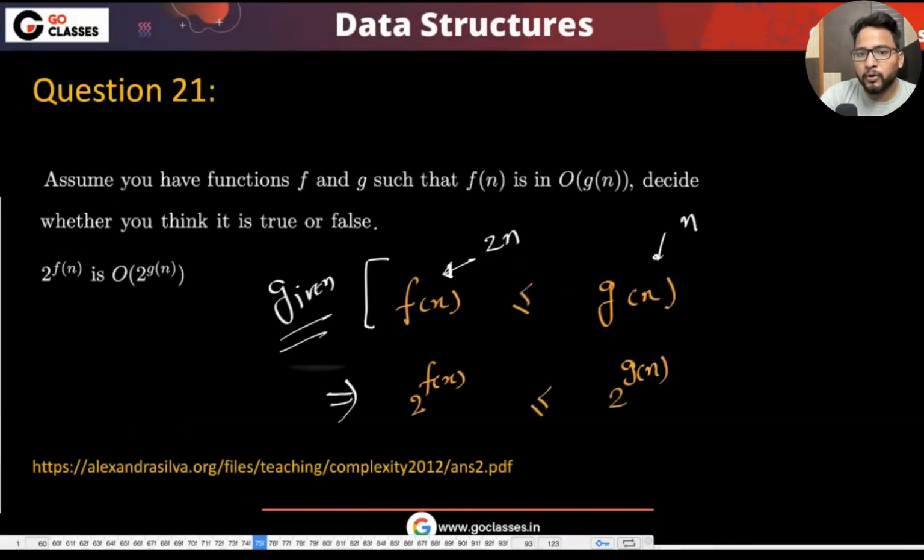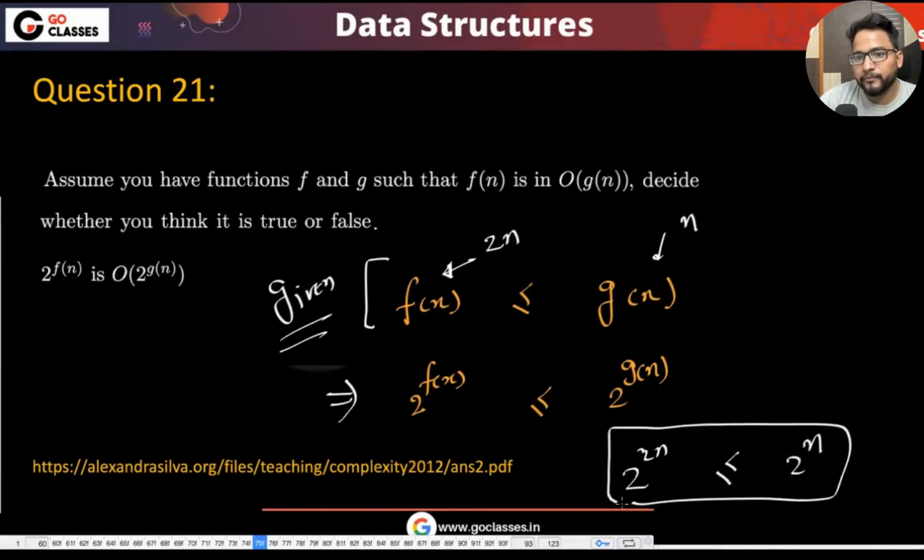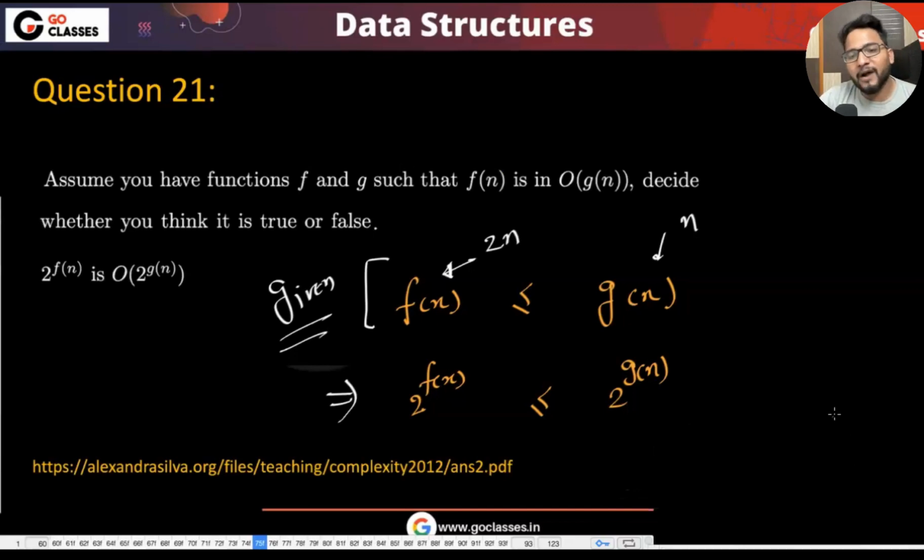Earlier it was true, but after this, 2 power 2n here and 2 power n here, this is not holding. So this is false. This was one of the trickiest questions in this practice set.